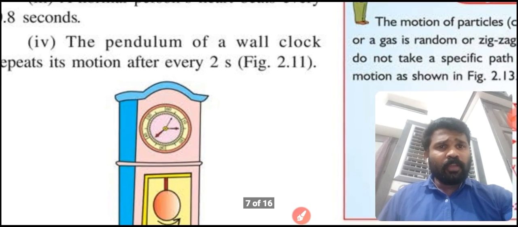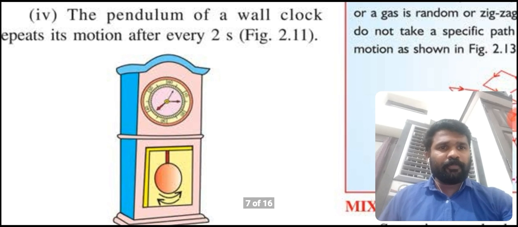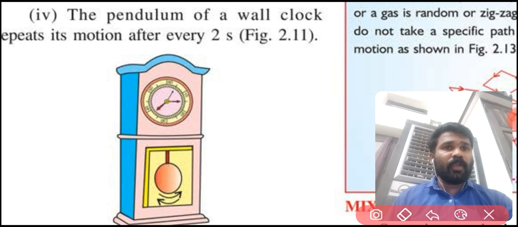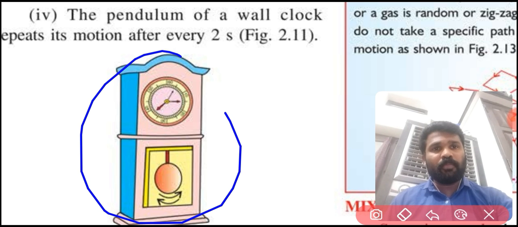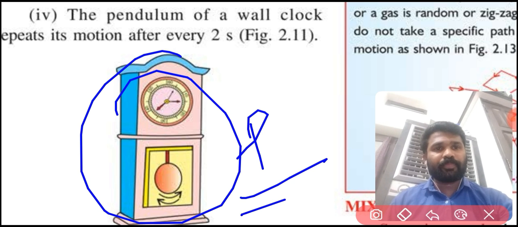Another familiar example is the pendulum of an old clock. That movement repeats after every 2 seconds, so it is also a good example of periodic motion.